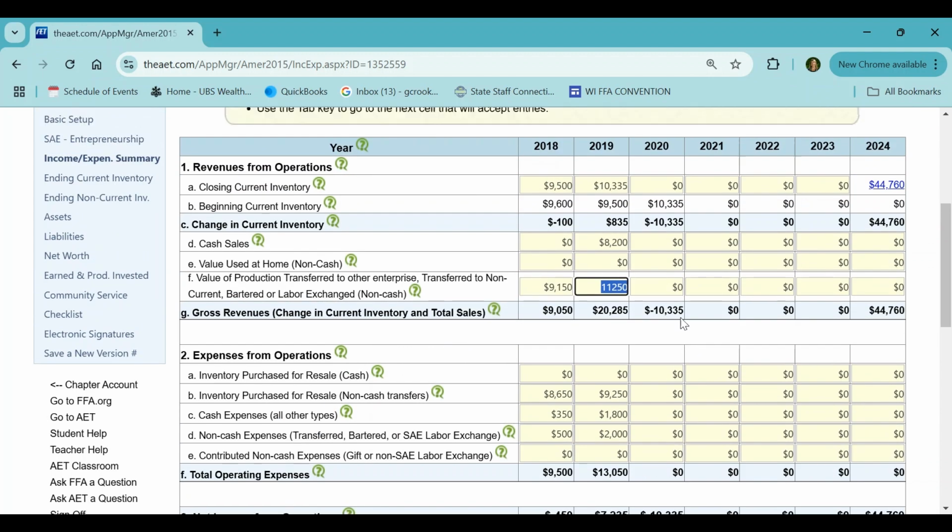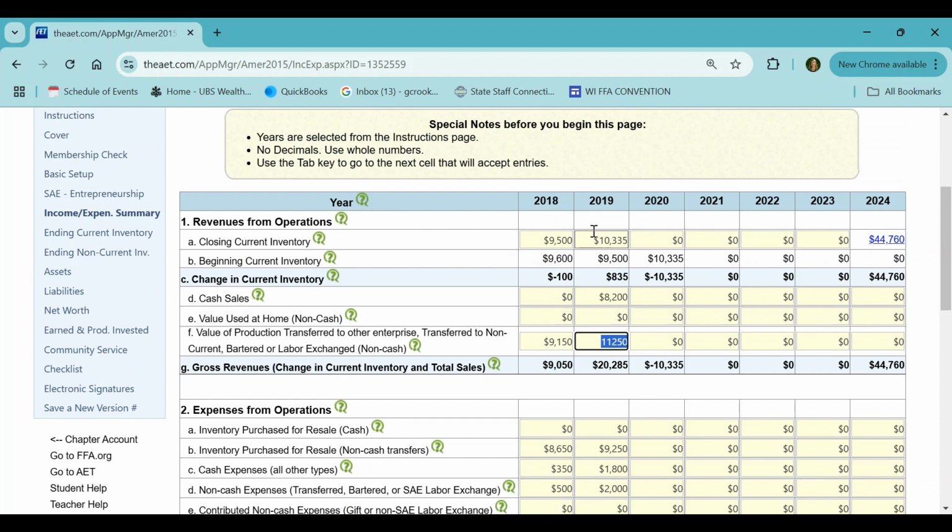All right, and so you'll notice again that your closing current inventory transferred over here to beginning current inventory for 2020. So then you need to add up what you had left on December 31st of 2020 for your closing current inventory.